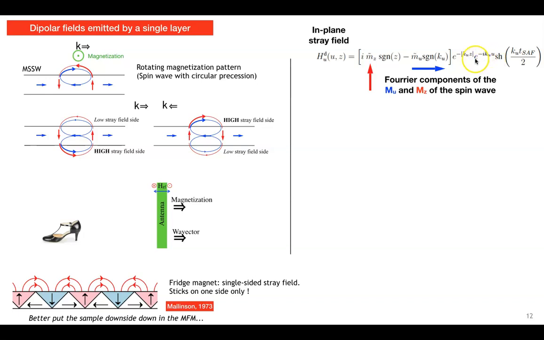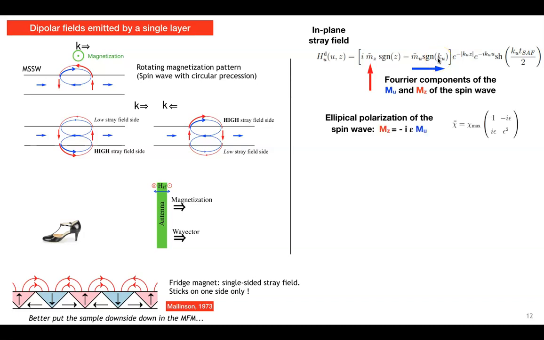It rotates in a cosine-like, sine-like fashion in the direction of the wave vector. And it has an amplitude that is related to the Fourier component of the dynamic magnetization, with once again sine of k and sine of z. As I told you, there is a high stray field side, so sine of z, and it reverses when you reverse the sine of k.